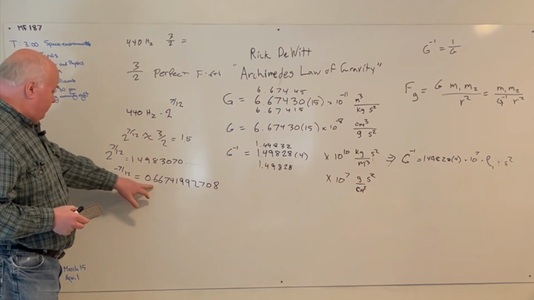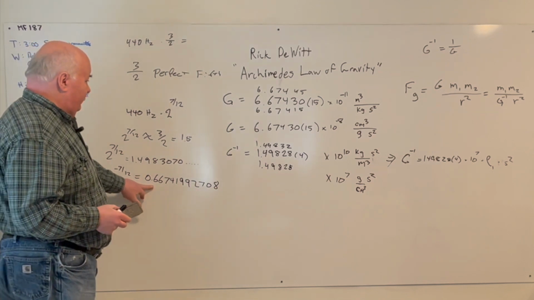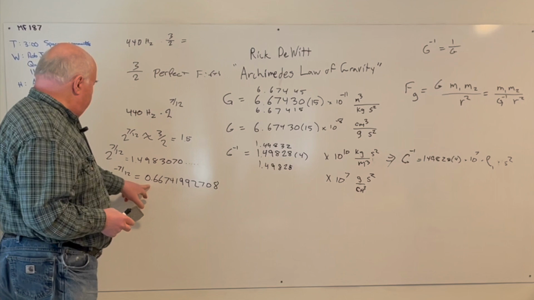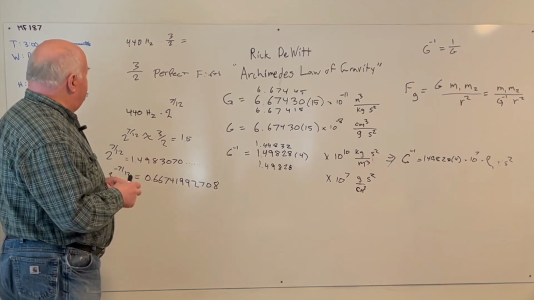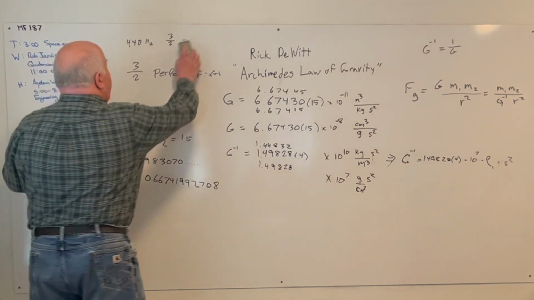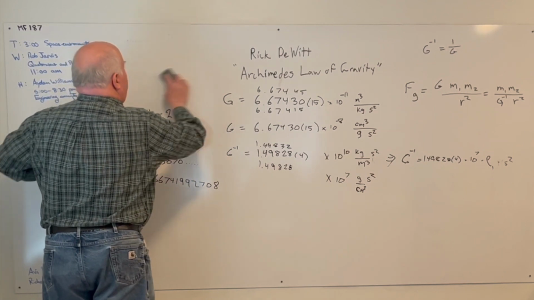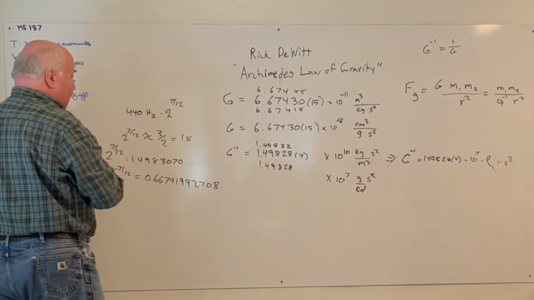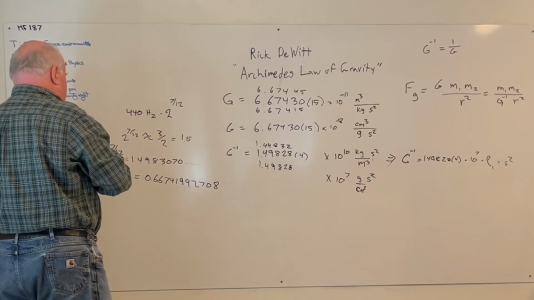This number, I want to satisfy you with regard to how this is put together. So what I'm going to do is write down the formula, and we'll check the formula. I'll say what I think it is, and we'll verify it.